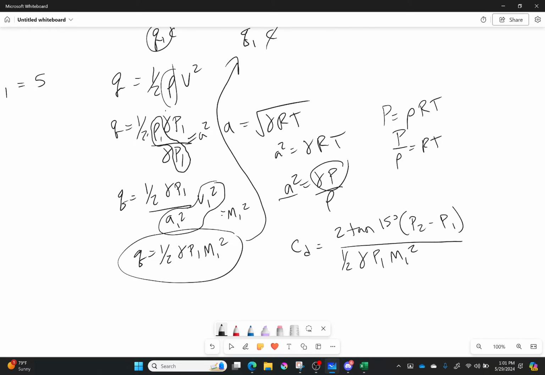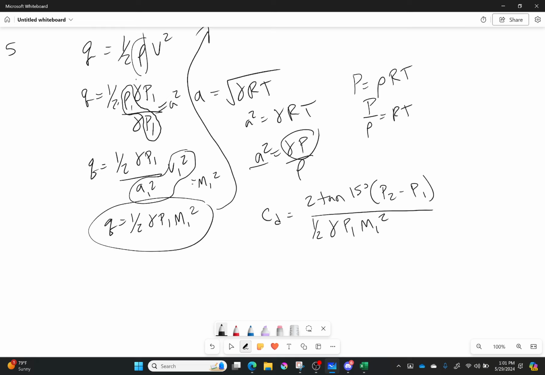And if I want to, I can then make this a little bit prettier. So what I'm going to do is bring the 1/2 and the 2 together. So that will be 4 tan of 15 degrees over M1 squared. And I'm going to divide P1 by both of these guys. So I'll have P2 over P1 minus P1 over P1, which is just 1.